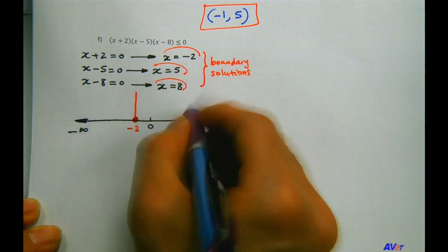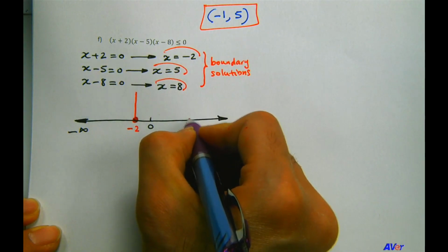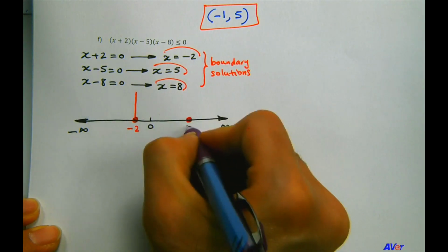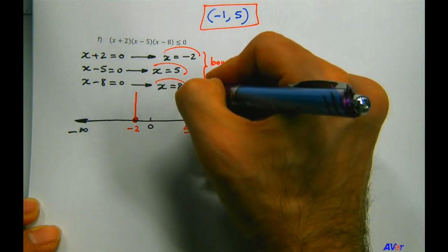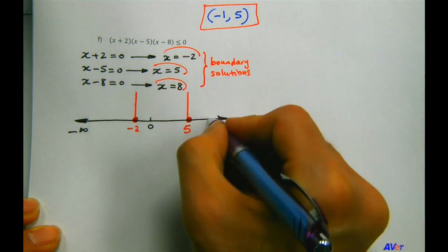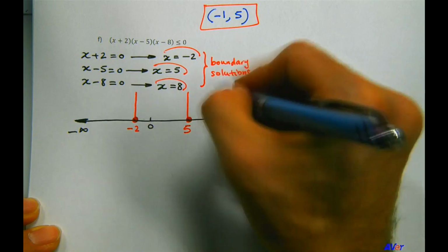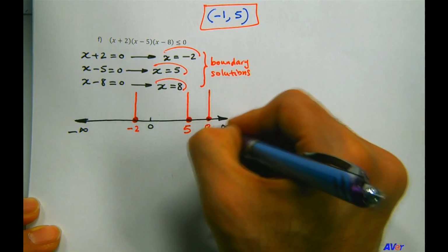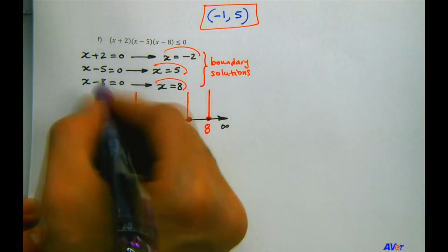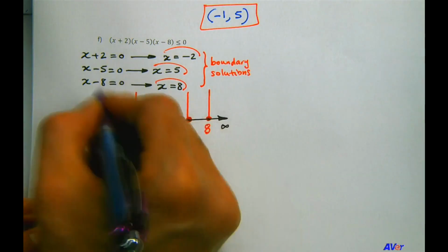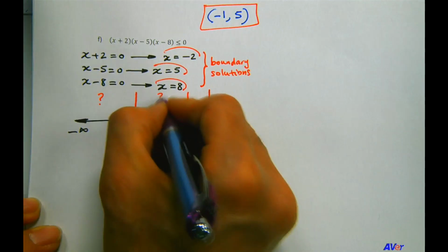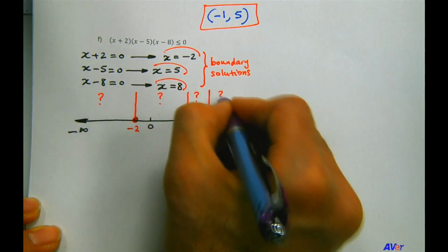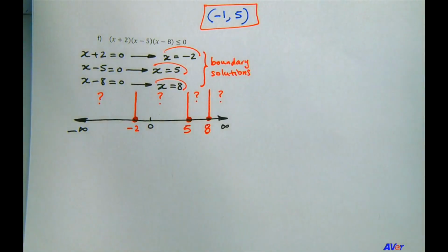Then we have 5, another filled-in circle, and a solid line on top of that. And 8 would be here, with a solid line on top of it like that. So we have 4 regions to check: 1, 2, 3, 4.